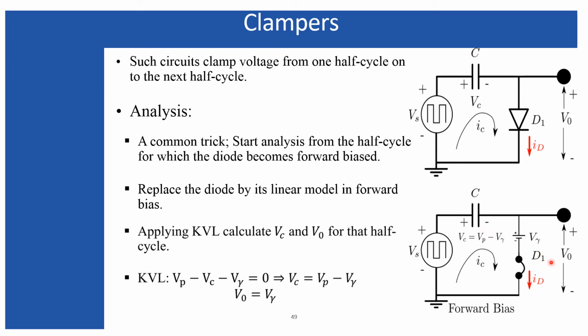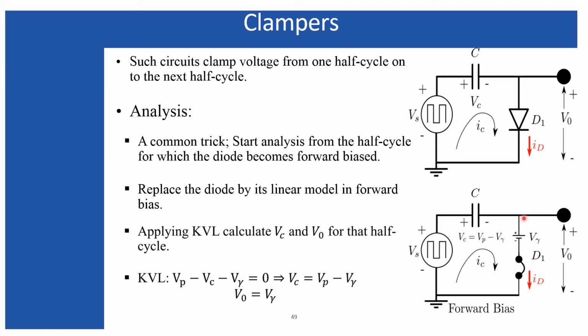But what will be the output voltage? The output voltage you can easily find by applying KVL over here, and the output voltage is nothing but the V gamma, or the cut-in voltage of the diode itself. So for the silicon diode it is 0.7 volt, and for the germanium diode it is 0.3 volt. So depending upon that, this output voltage is going to be 0.7 or 0.3 volt.